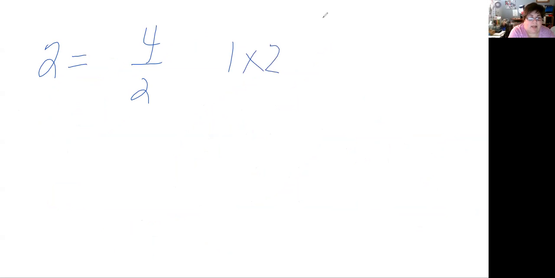You can write it as 2 over 1. Basically, whatever equals 2 is going to be 2 as well. It's all equal, no matter if it's the number itself or a different way of mathematically writing that number.